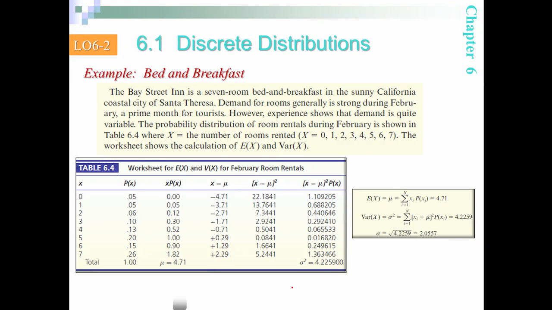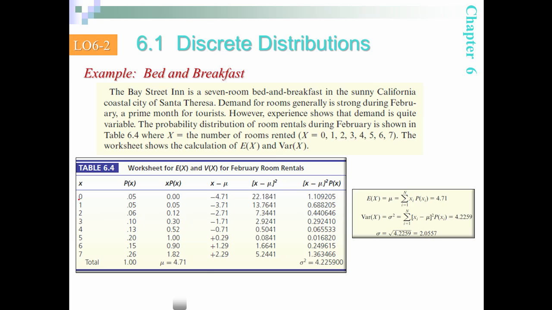So just to give you an idea of how you would do this, here's another example. We've got the Bay Street Inn has 7 rooms, and it's in California, and it's nice and sunny there all the time. And so of the 7 rooms, you could say what's the probability that each of those is filled on any given night.